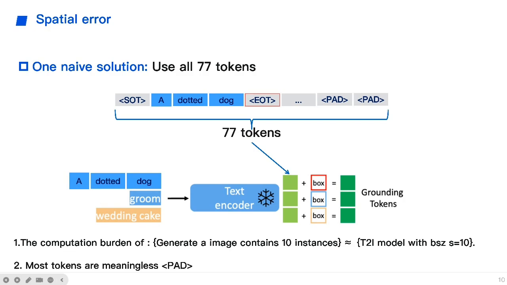In practice, this becomes infeasible to train, especially on high-resolution images with large batch size. Moreover, many of those 77 tokens are actually padding tokens and do not carry any meaningful information. So, not only is the method inefficient, it is also wasteful.